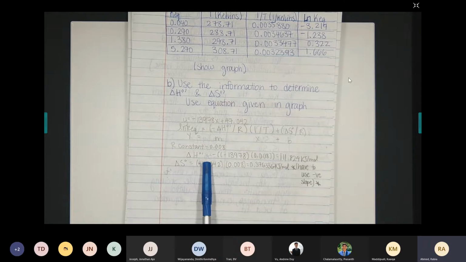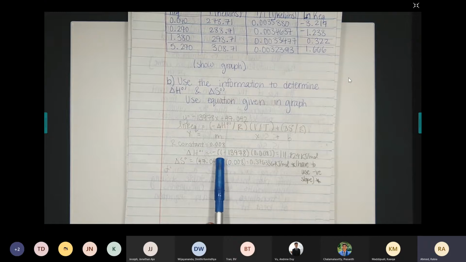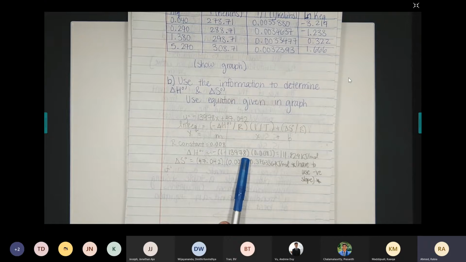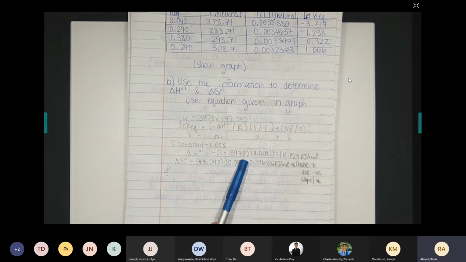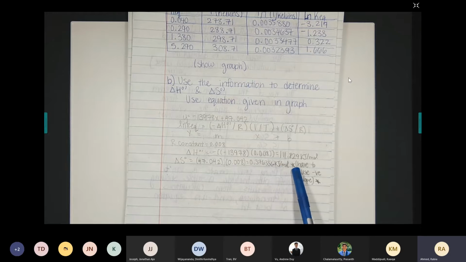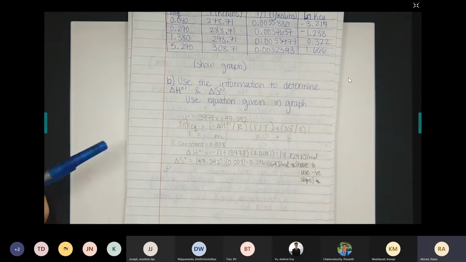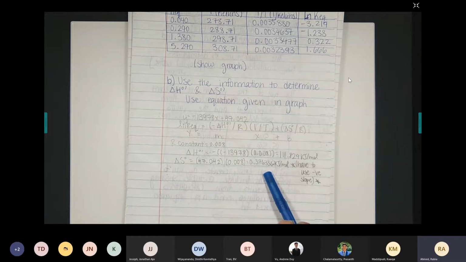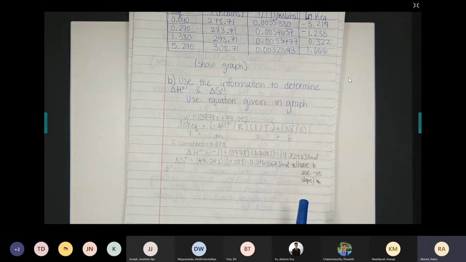And so you do change of H, which is the enthalpy, equals negative times negative 13,978. So remember, you have to always use a negative slope. And then multiply by 0.008, and it equals 111.824 kilojoules per mole. And then for entropy, it equals 47.042 times 0.008 equals 0.376336 kilojoules per mole.